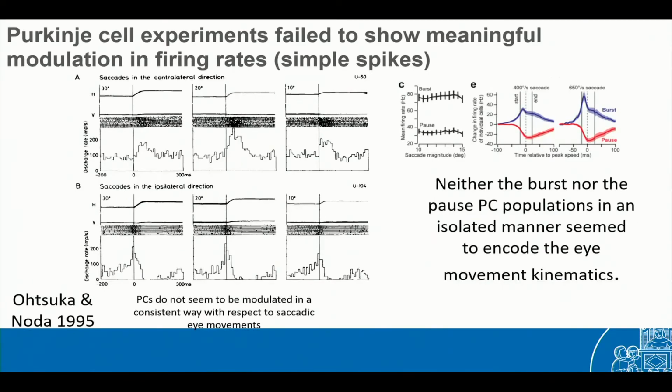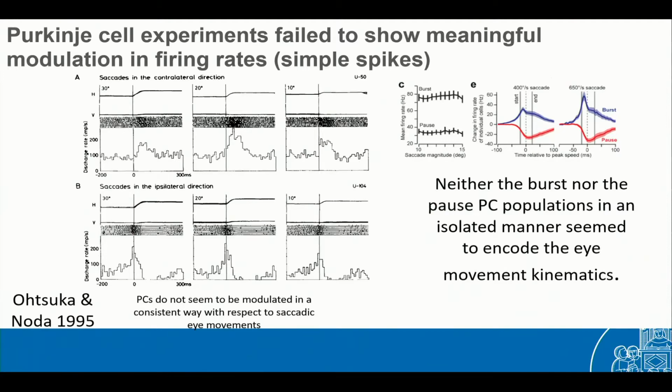One of the first studies was this one from Ohtsuka and Noda in 1995, which we can consider not really successful because they tried to create a correlation between the kinematics of the motion of the eye that you can see here, for example, for different targets. They tried to reach a target at 30 degrees, 20, and 10, and they tried to correlate this with the discharge rate of the Purkinje cell.